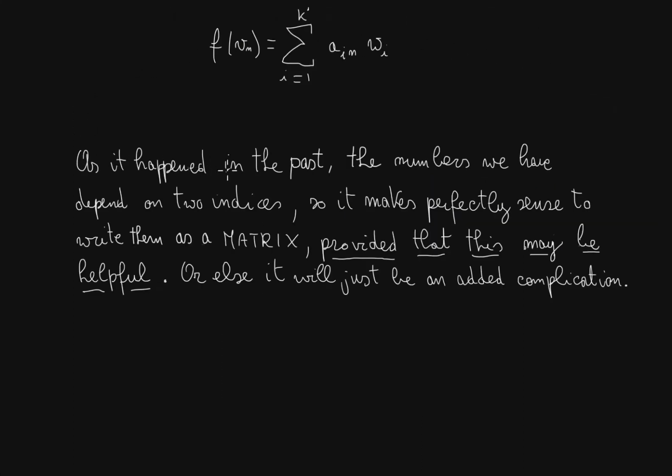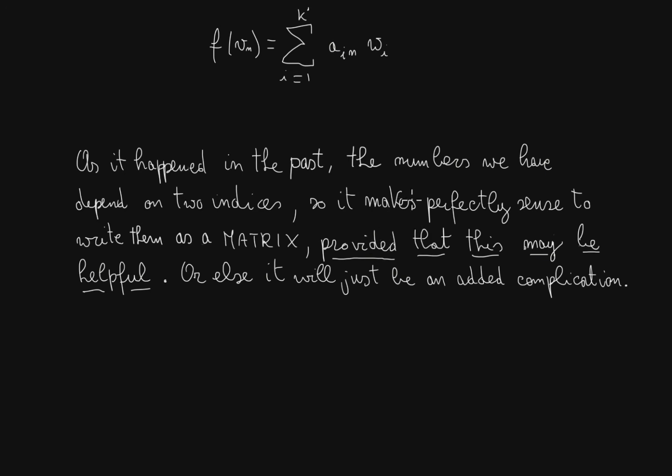As happened in the past, the numbers that we obtained depend on two indices. So it makes perfect sense to write them as a matrix, provided that this may be helpful, or else it will be just an added complication.